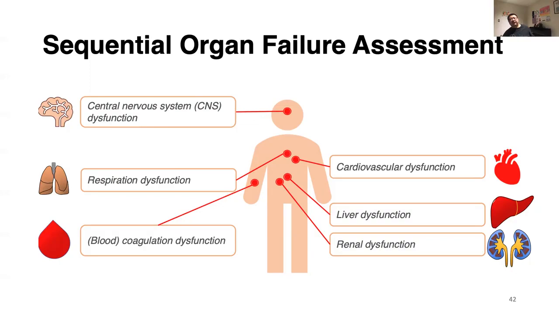It is a score characterizing the organ failure status of the patient, often used in the critical care setting, and it includes 6 different subscores characterizing the status of 6 organ systems, including the central nervous system, the respiration, the coagulation, the cardiovascular, the liver, and the renal. For every subscore, it has a scale between 0 to 4, and the total score is just adding all of them together, so it's between 0 to 24.